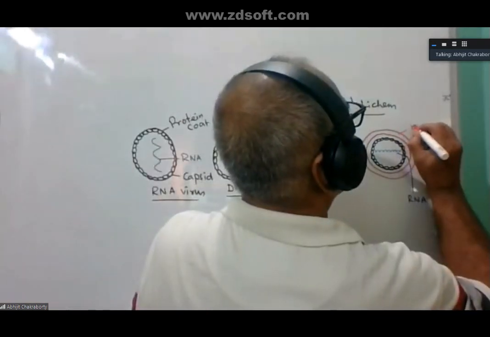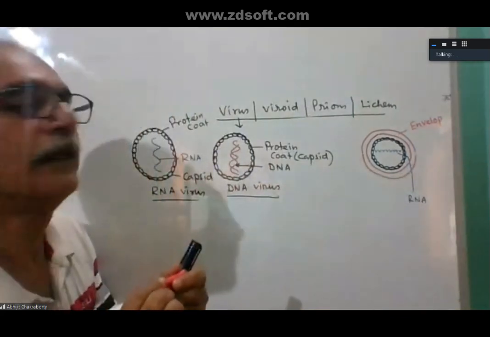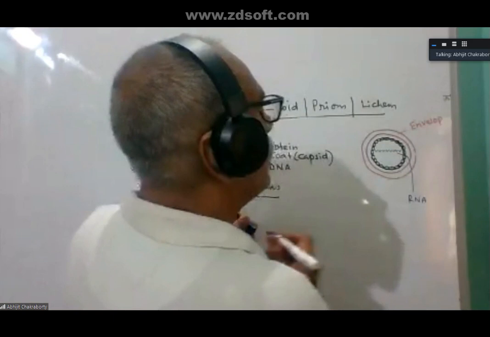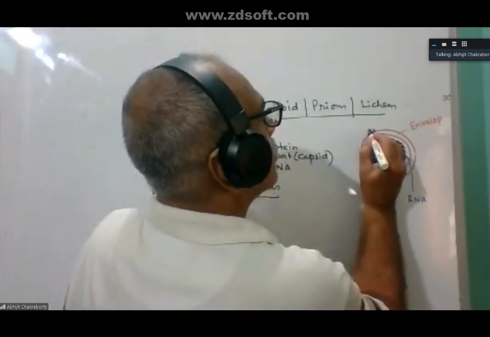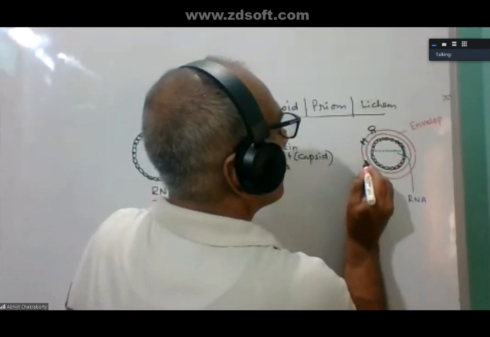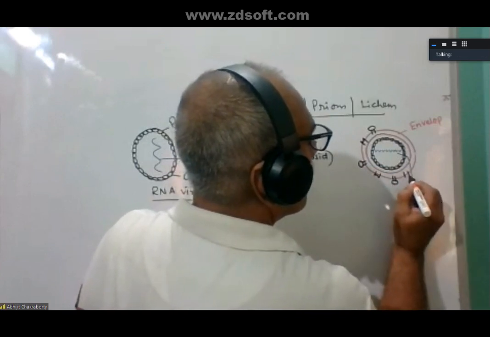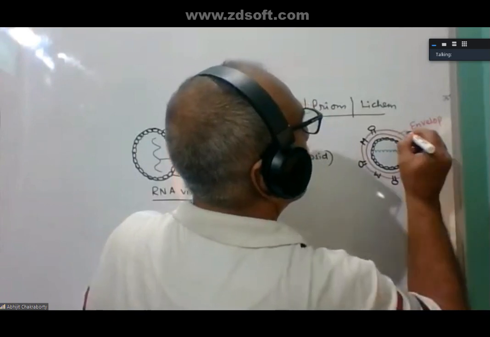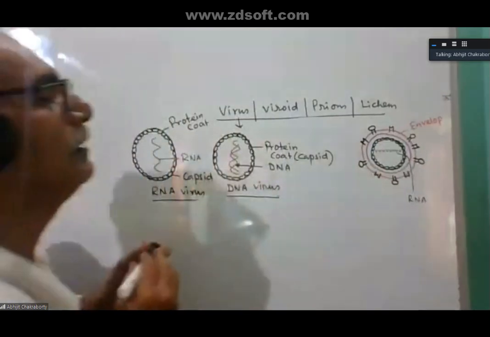And this is called the envelope. If it is an influenza virus, here you will get some structures like this.